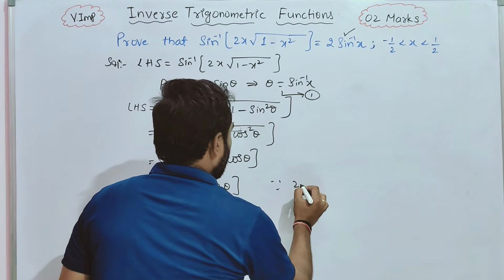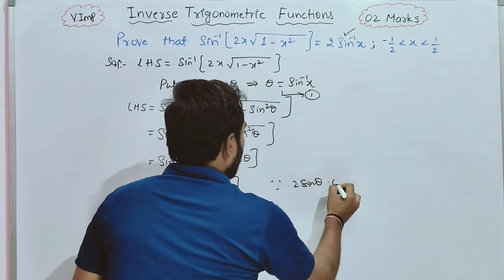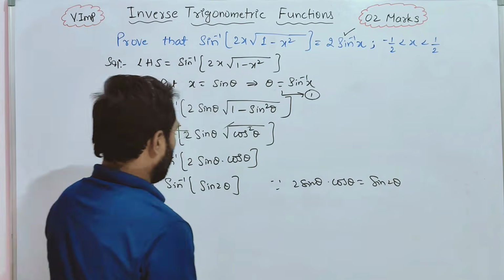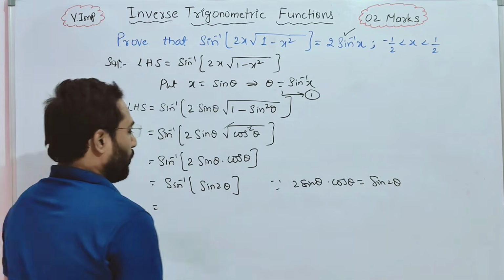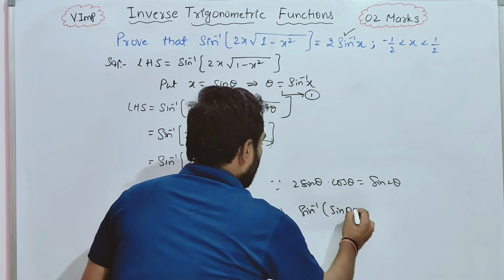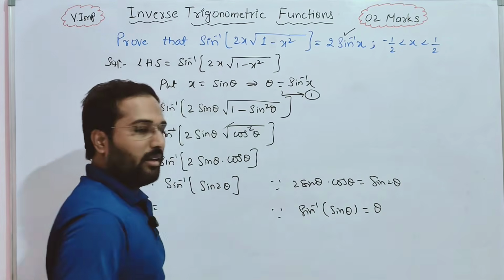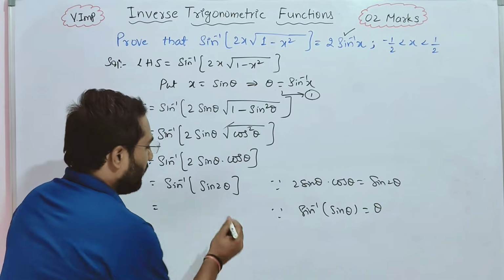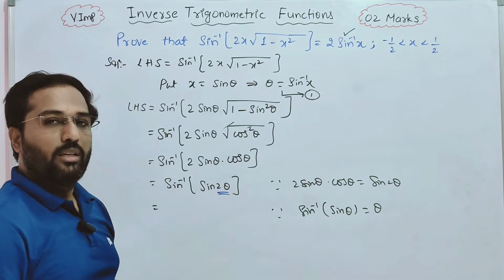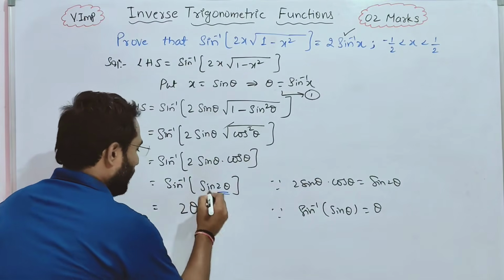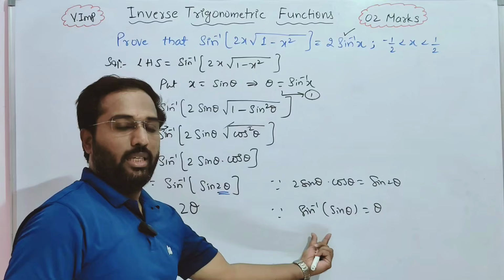Now we have another formula: sine inverse of sine theta can be written as only theta. Here you can observe sine inverse of sine 2 theta. Instead of theta, you have 2 theta. So your answer will be 2 theta, by using this property.